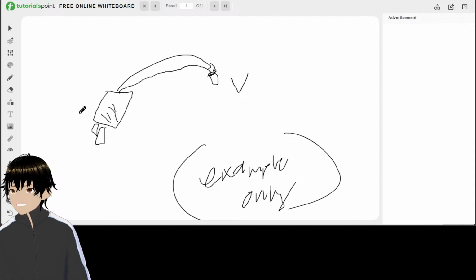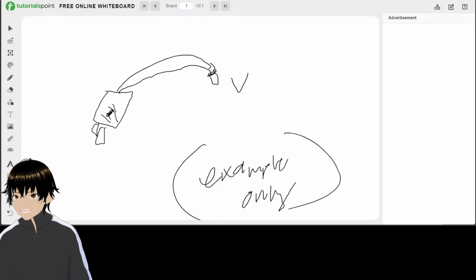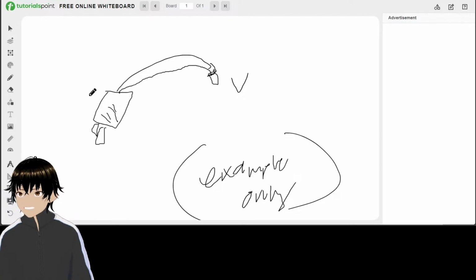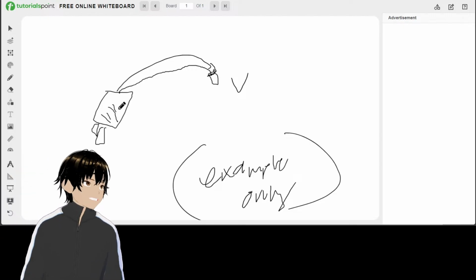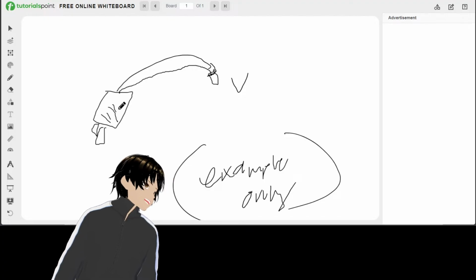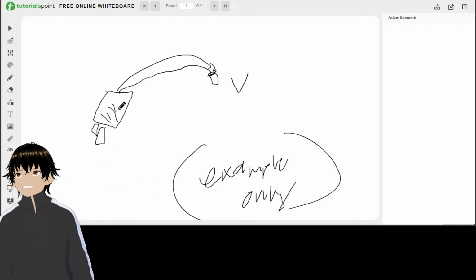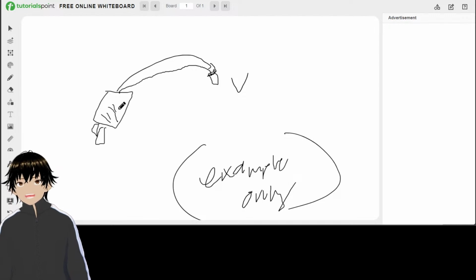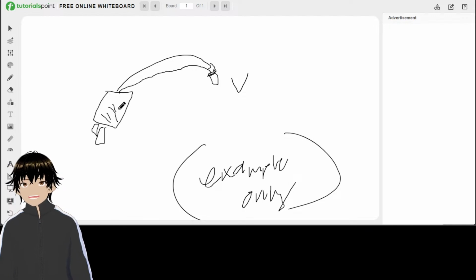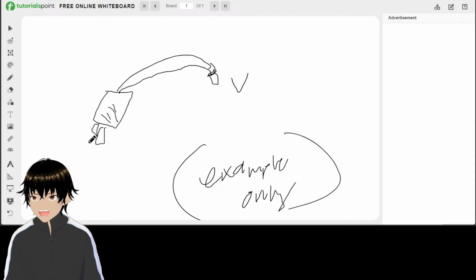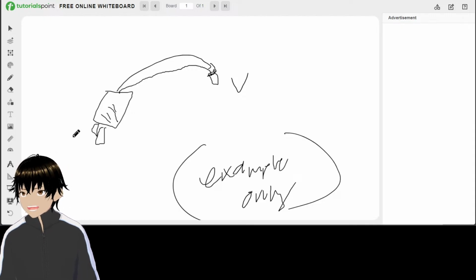If you plug the charger in, the charger is basically going to get electrons.